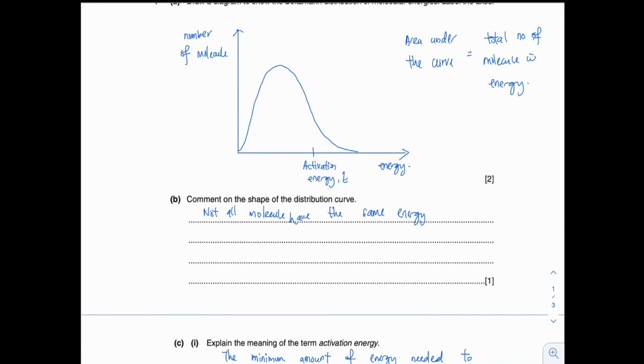Or we can write the symbol Ea. Meaning to say that only those molecules in the area under the graph that is shaded over here, only those molecules having this energy can react. That means they can overcome the activation energy in order for the reaction to happen.